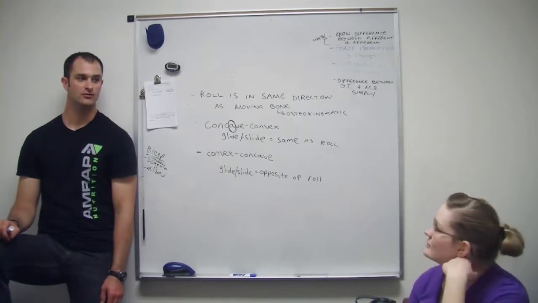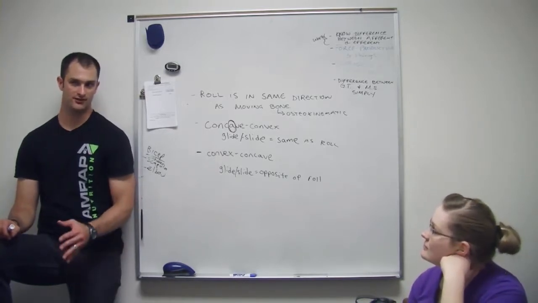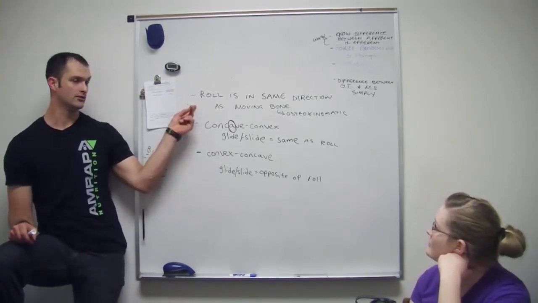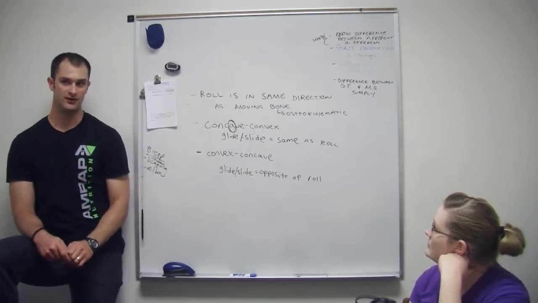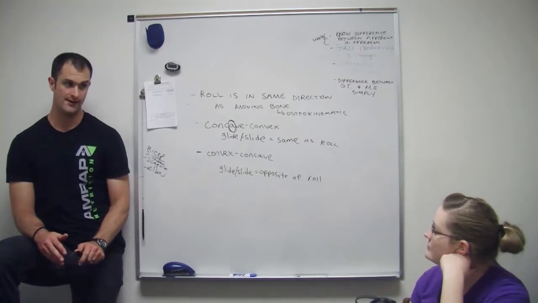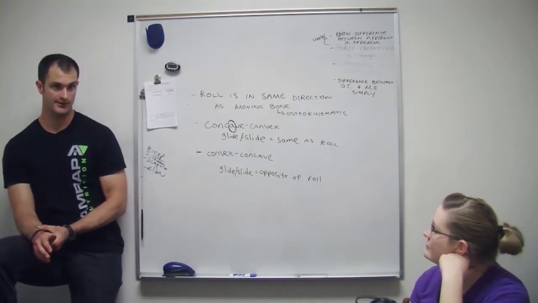Okay, let's start at square one. What bones are moving? I think we've all agreed that it's the humerus, right? Are we looking at the downward or upward phase? Upward.